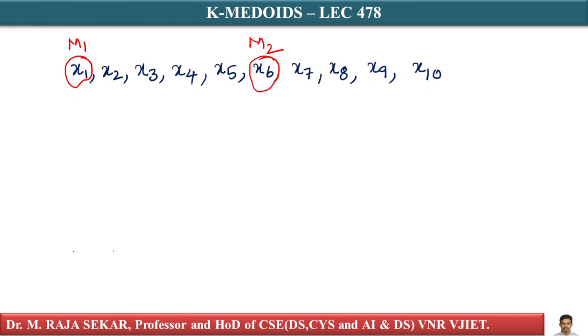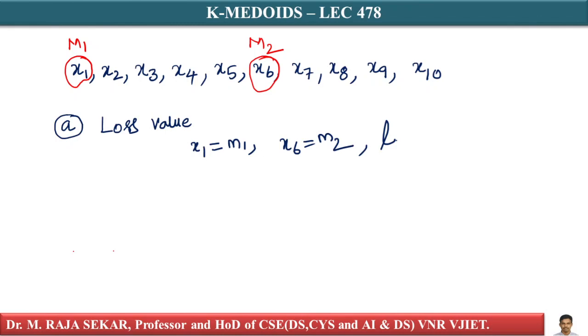First I will compute the loss value with x1 equal to m1 and x6 as my medoid 2. Let's say I get a value of L1.